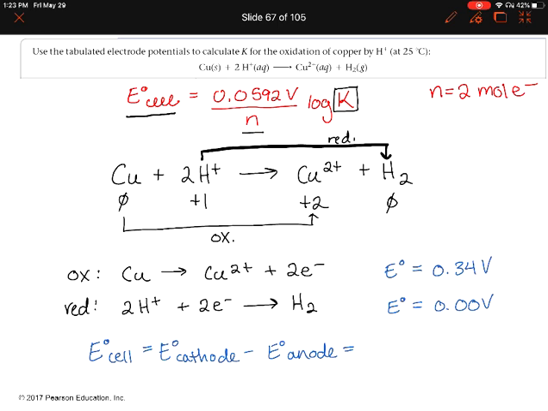So which half reaction corresponds with the cathode? Oxidation or reduction? Reduction, right? That's the cathode. And that means that oxidation is the anode. Okay, so we're going to take the value for the cathode, which is 0, and subtract 0.34 volts. So we get negative 0.34 volts for our cell potential.